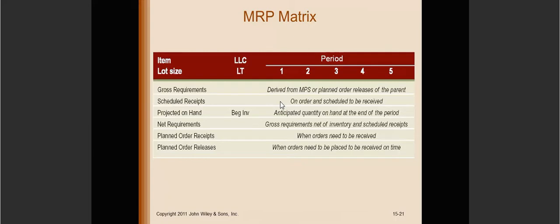The net requirement is the gross requirement net of inventory and scheduled receipts. The planned order receipt provides information about the quantities that need to be received in which period, and the planned order release is about the order that needs to be placed to ensure the production floor has sufficient inventory.